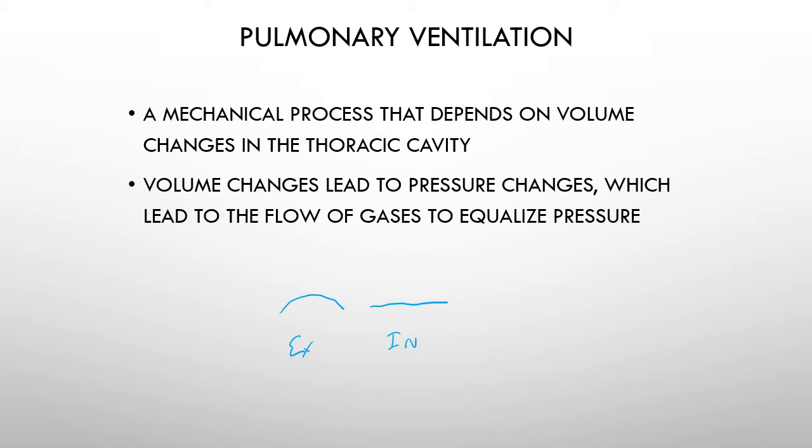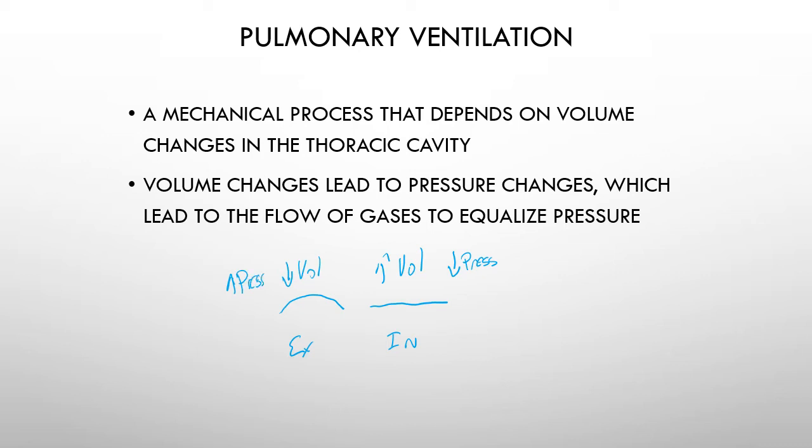That's also going to change the volume of our thoracic cavity. We're going to have a decreased volume here and an increased volume here, and that's going to change the pressure. With an increase in volume, we get a decrease in pressure. With a decrease in volume, we get an increase in pressure.